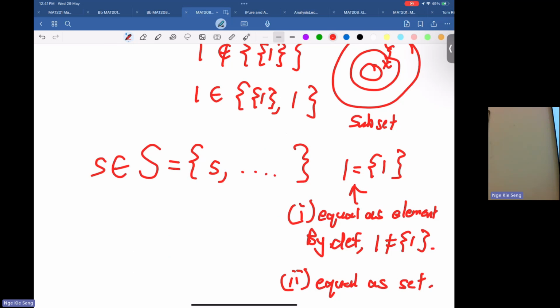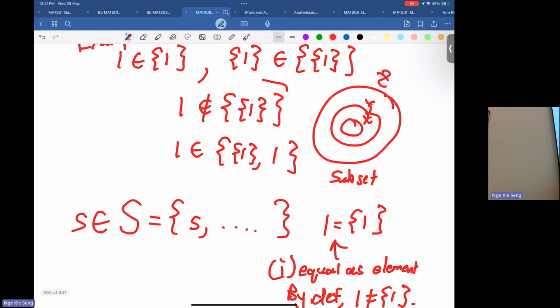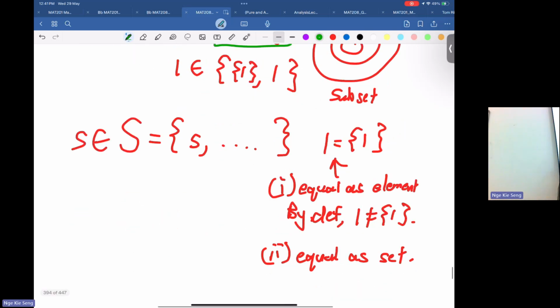Because some set could be an element. You see. What's the element in this set here? Yeah, so it's a set, right? A set could be an element. Okay, so why they are different is just by definition. They are different things.